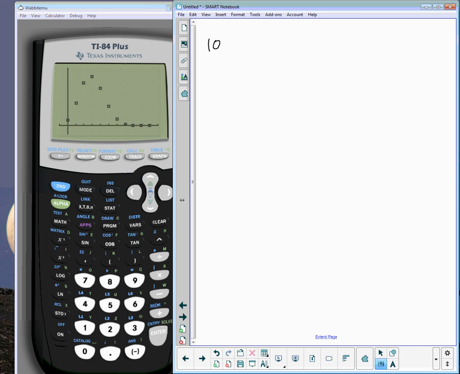Now we're doing 10 trials, at least 3 tails. So if we're talking about at least 3 tails, what we've got here is 3, 4, 5, 6, 7, 8, 9, and 10. Okay, the probability of any of those events occurring.